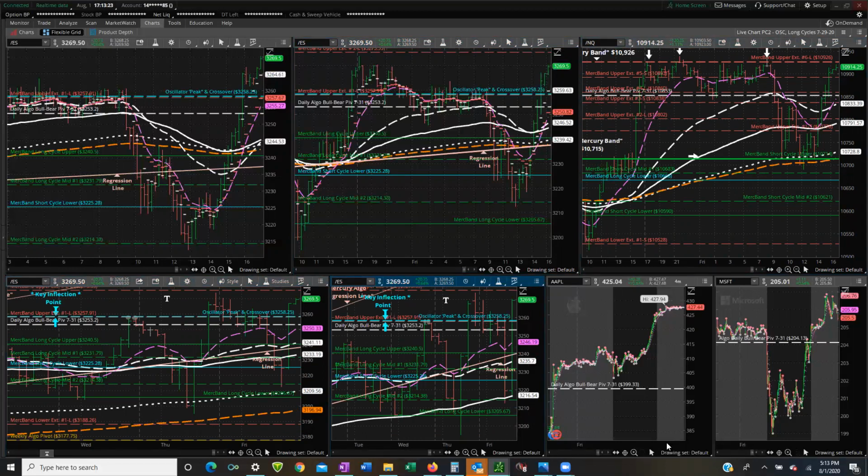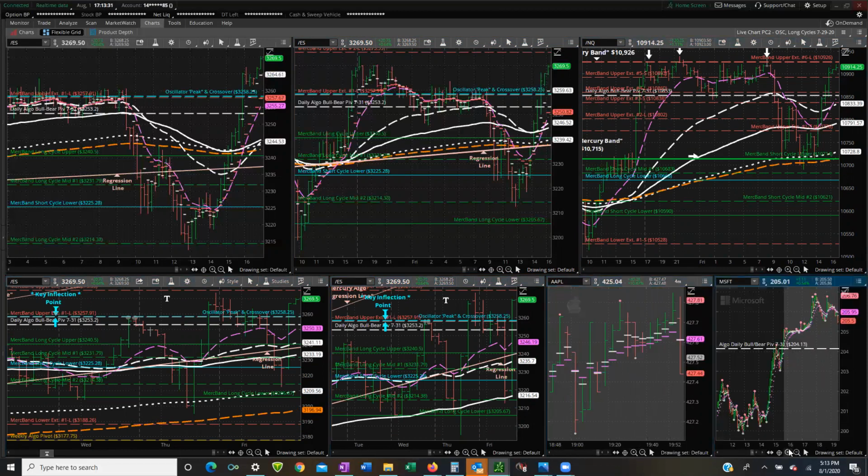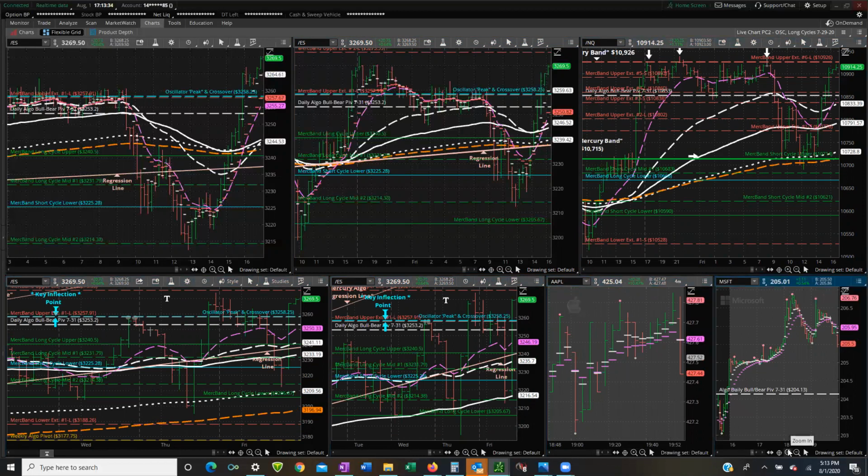And here we've got Apple and Microsoft. So what you got here is the algorithmic oscillators, 12-minute cycle, 27-minute cycle. This is the one that's over 2 hours, and this one's over 4 hours.